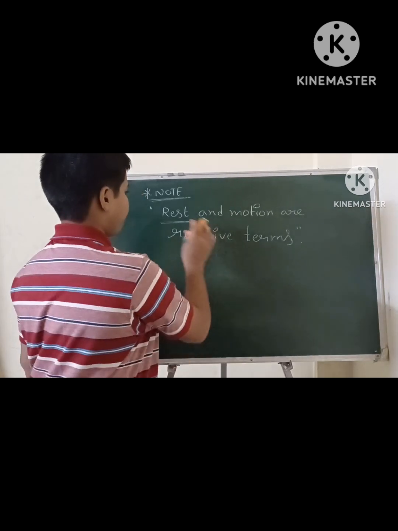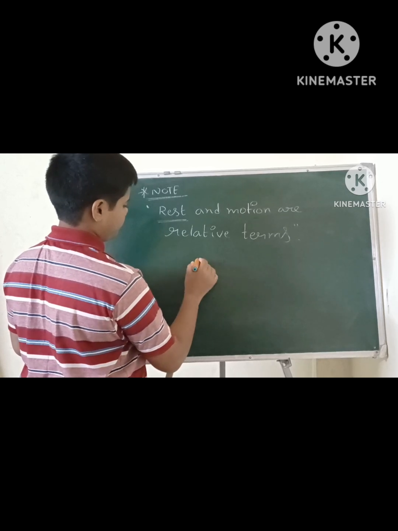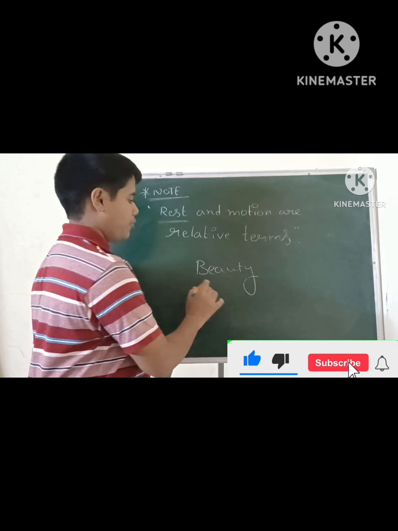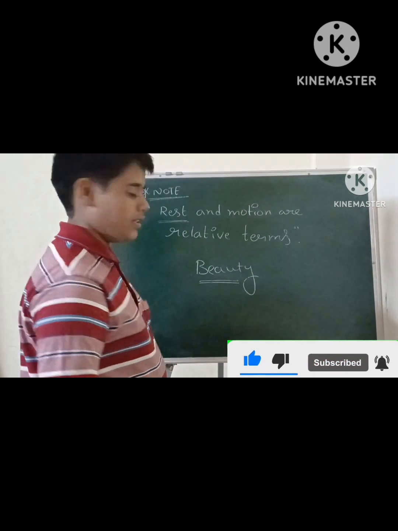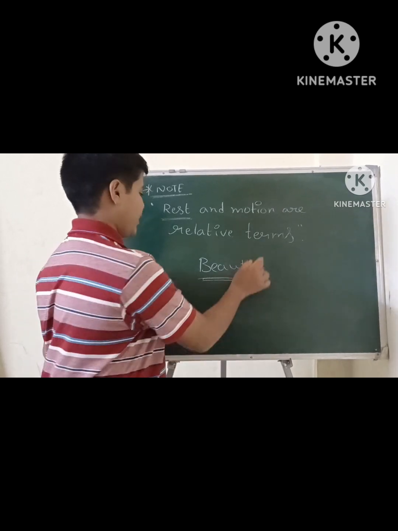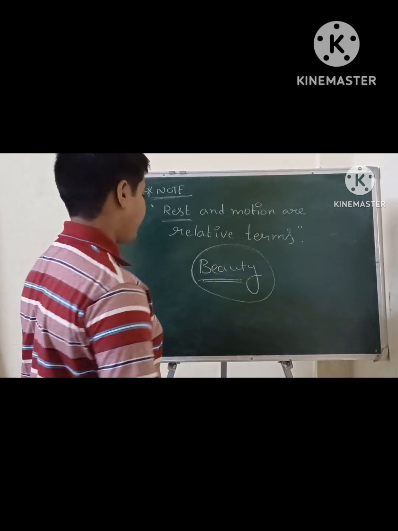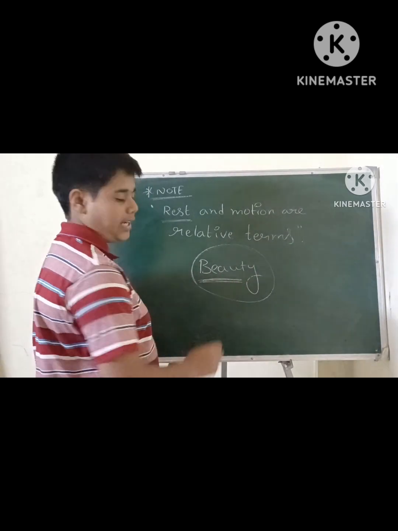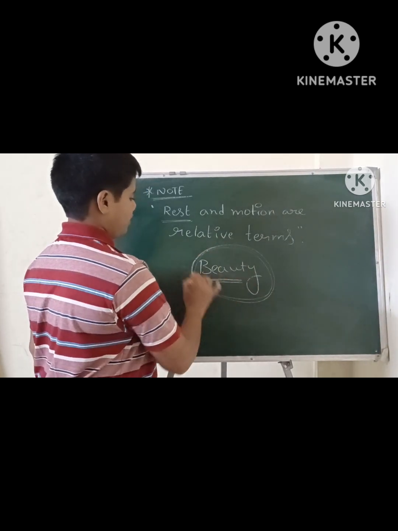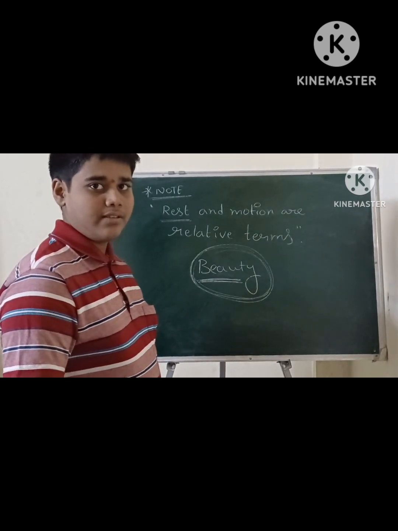Okay, so for example, beauty is not a relative term. Here beauty does not have rest and does not have motion, so we cannot say this is a relative term. Okay? Sometimes we can say that beauty is at rest. Okay? Some people may think that beauty is at rest. That is wrong. Okay?